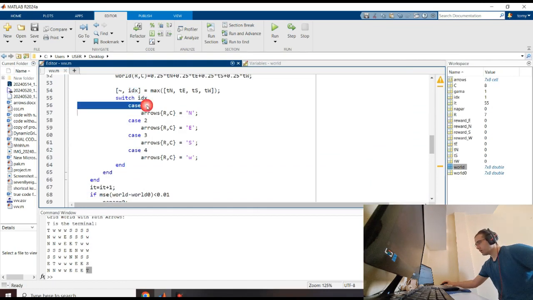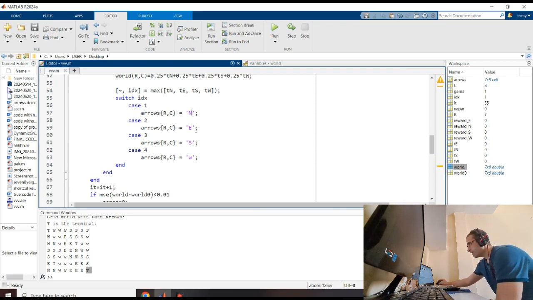If the index is case 1, which means going to the north, arrows are C. So if the case is this one, it should be R and C to the north.